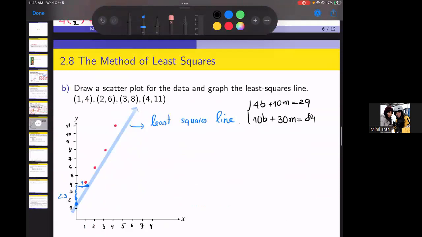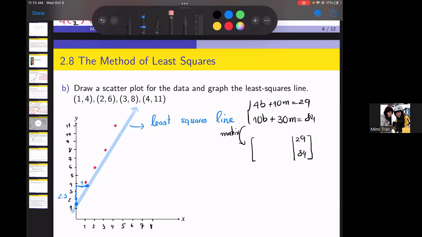So if I'm gonna write this in matrix form, it looks like this. A line here, that's the equal sign. And I'm gonna write out the constants, 29 and 84. It's called an augmented matrix. And then for these, don't write this down, there's going to be a coefficient of B and M, right?